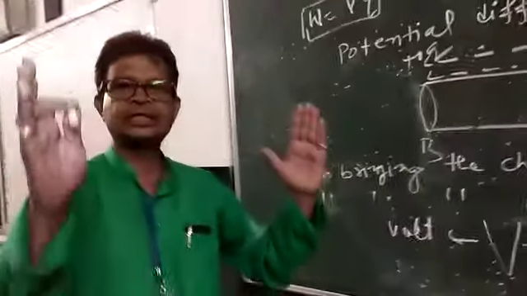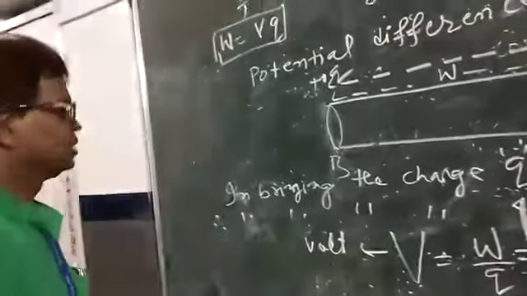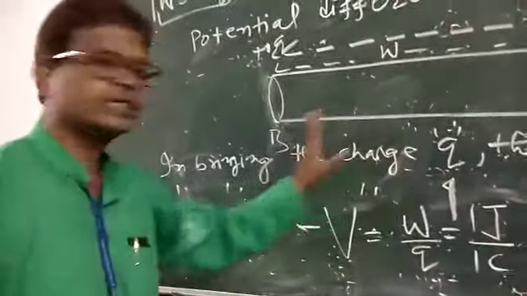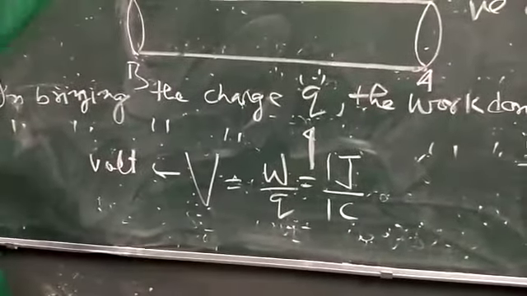So now we can easily define the SI unit volt. By considering this expression V is equal to W by Q, we can define volt.